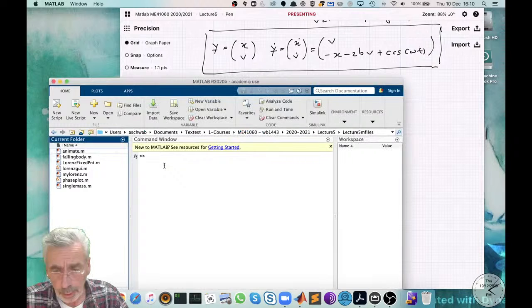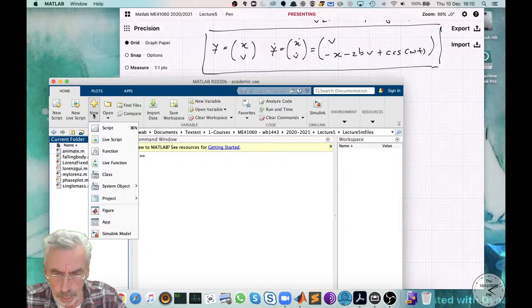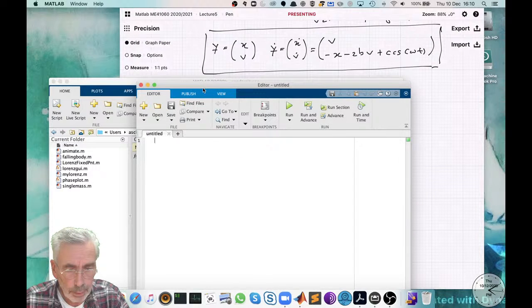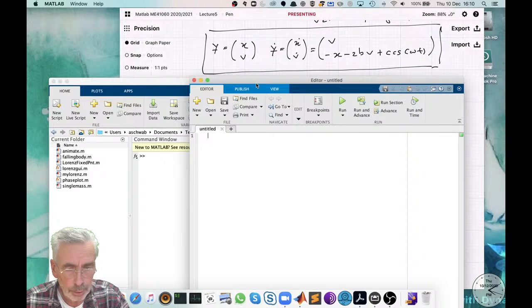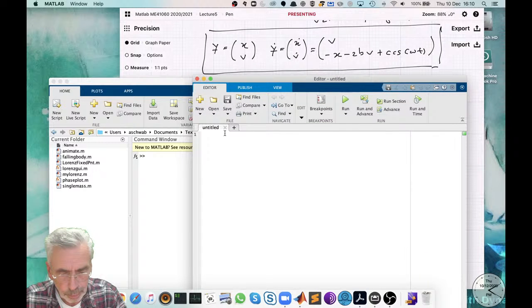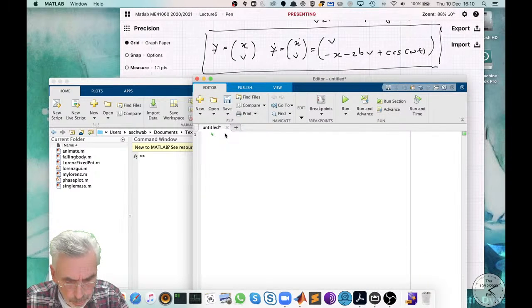So we have to start a new script. Is it script? I don't know, new script. Yeah, something like this. And then what do we do? We write on top of it what it's about. So it's a periodic forced mass spring damper system, and it's scaled.